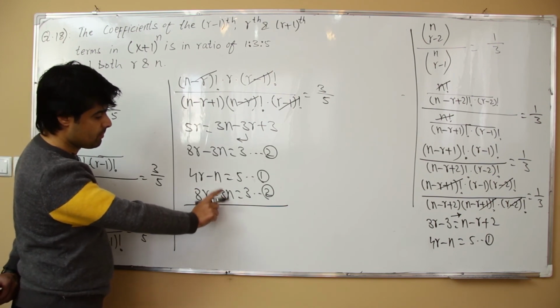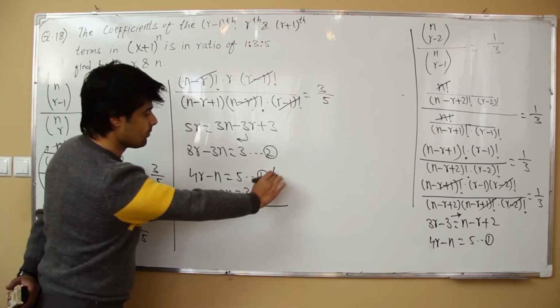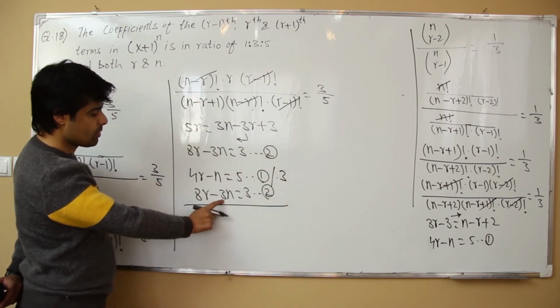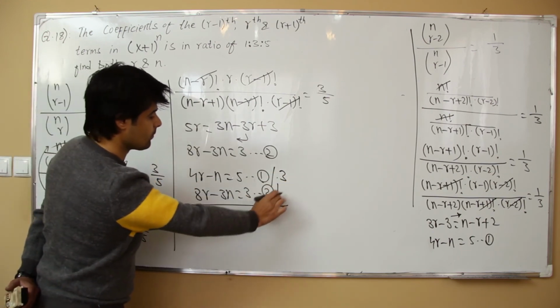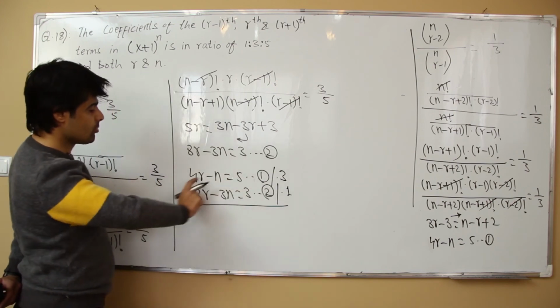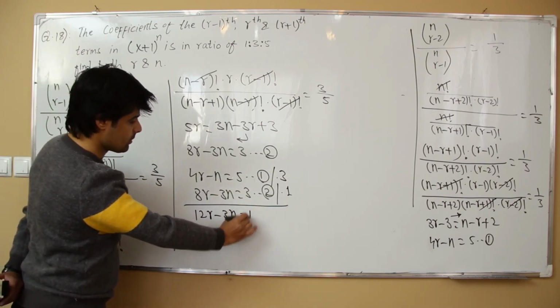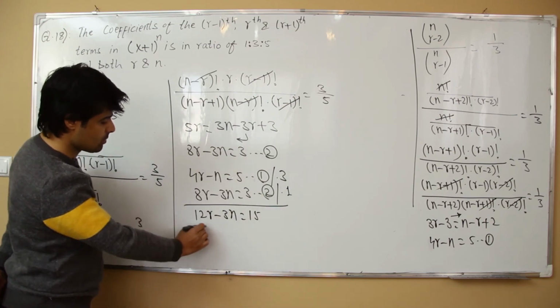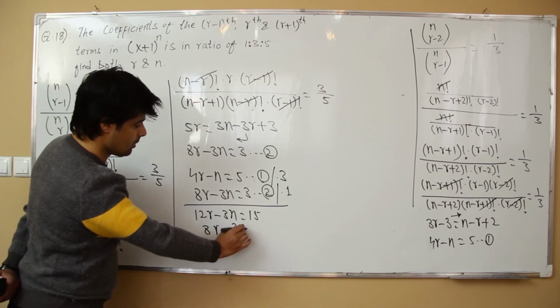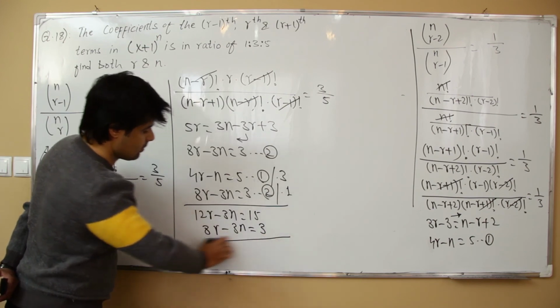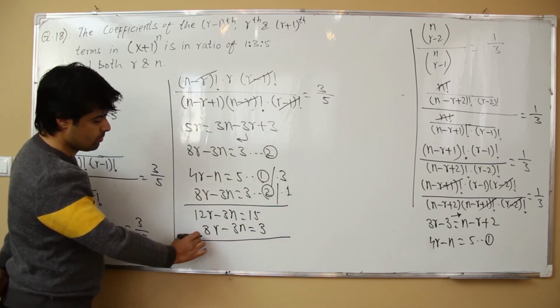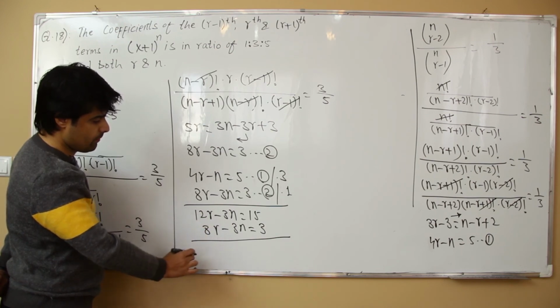Now multiply the first equation with 3. Multiply the second equation with 1, this n coefficient. Now 3 times 4 is 12r minus 3n is 15. And 1 times this one, 8r minus 3n is equal to 3. You have to subtract these two equations.